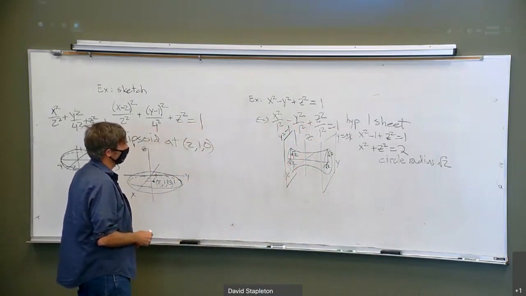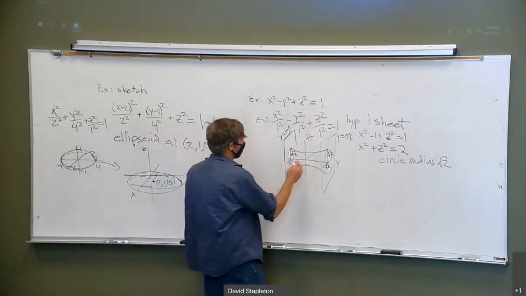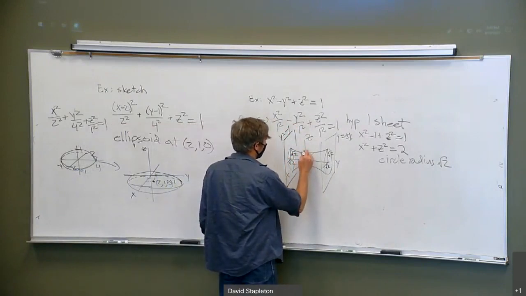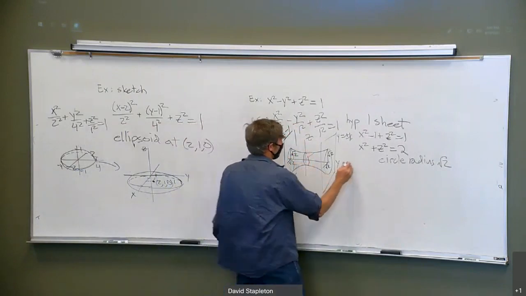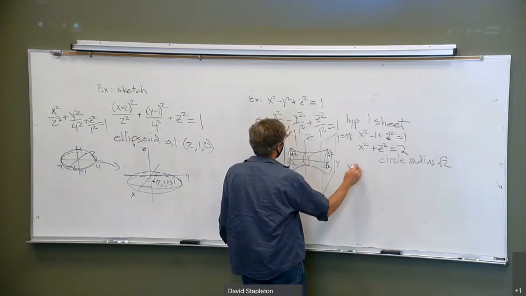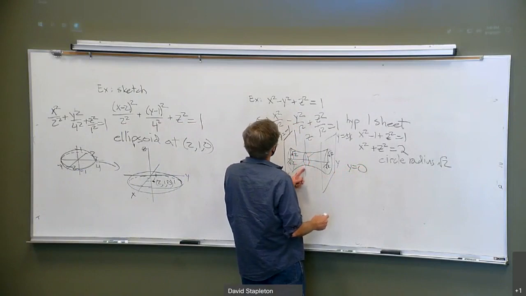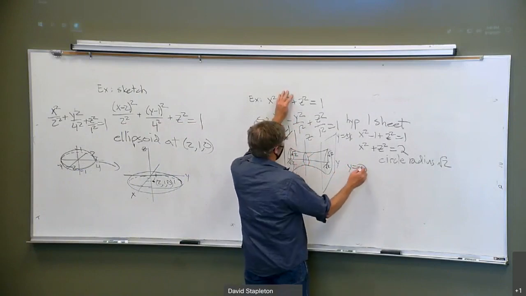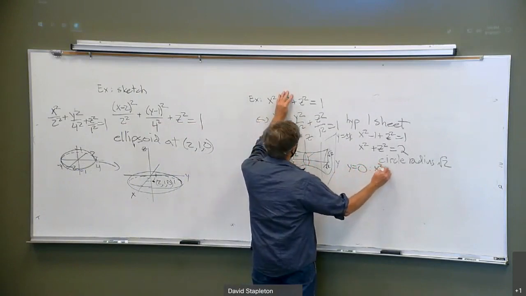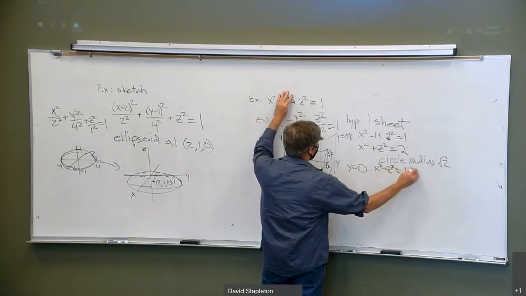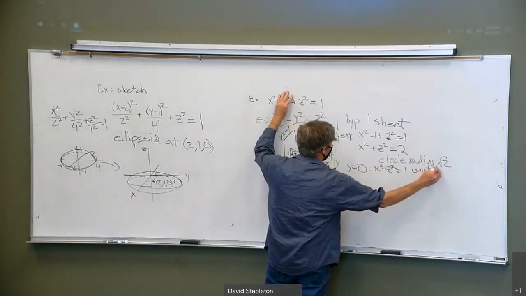I think it's nice when you draw this hyperboloid of one sheet to draw its waistline here. It's always nice to draw the y equals 0 cross section when it's centered at 0. Y equals 0 gives us x squared plus z squared equals 1. Oh, it's a unit circle. How about that?